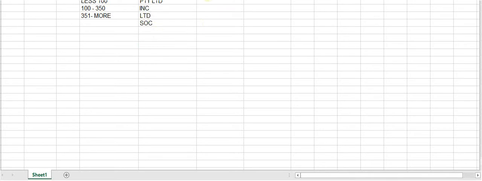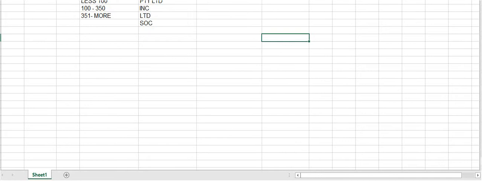Then we need to also look at the compilation of the financial statements. So here the options are internally or externally.